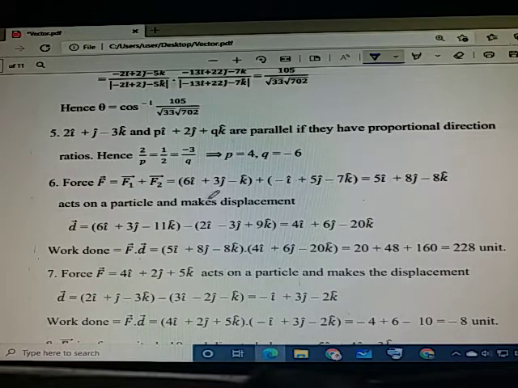Then force. Number 6. Two forces are applied at a particle, acting simultaneously. This is one force, F1, and this is another force, F2. In which direction will it go? Somewhere here.